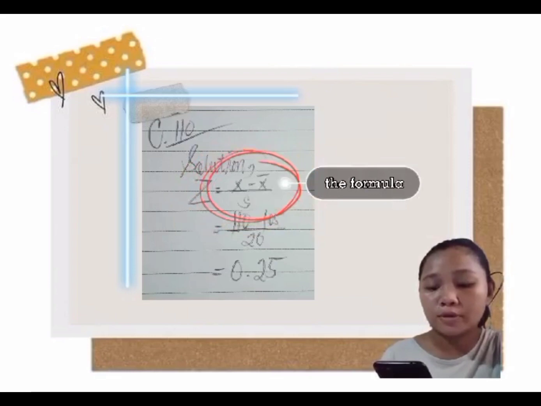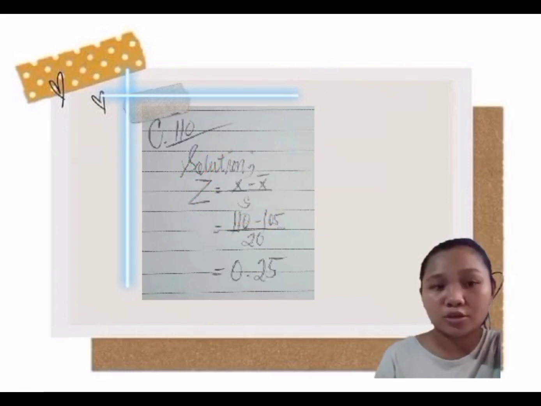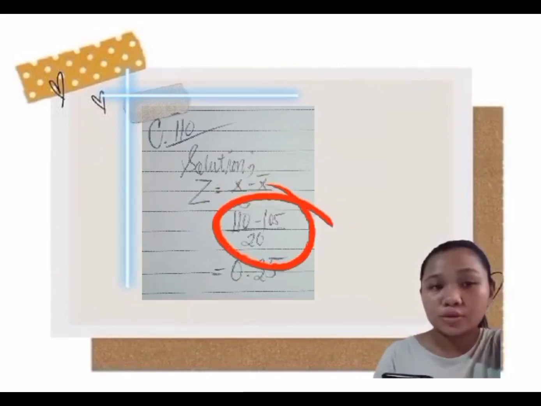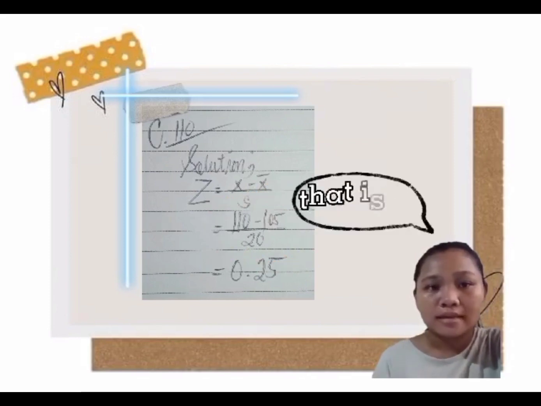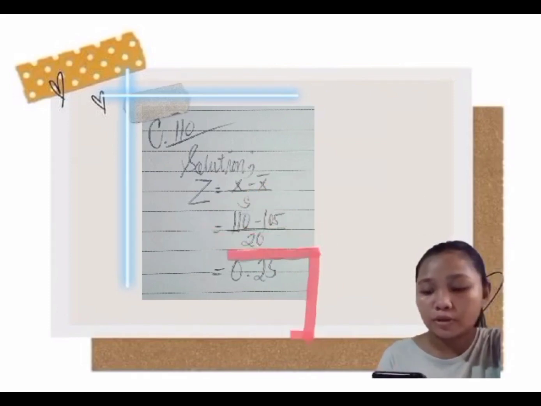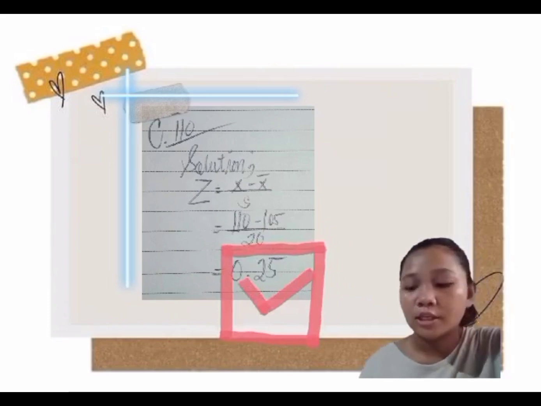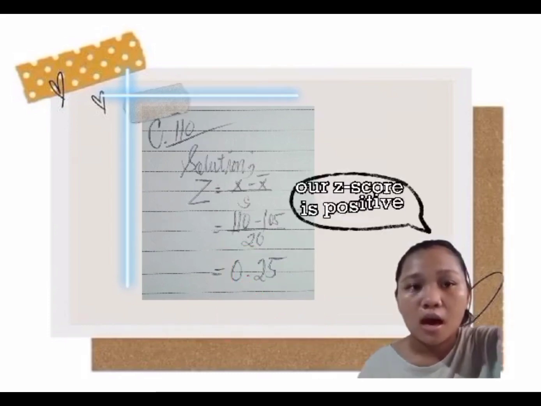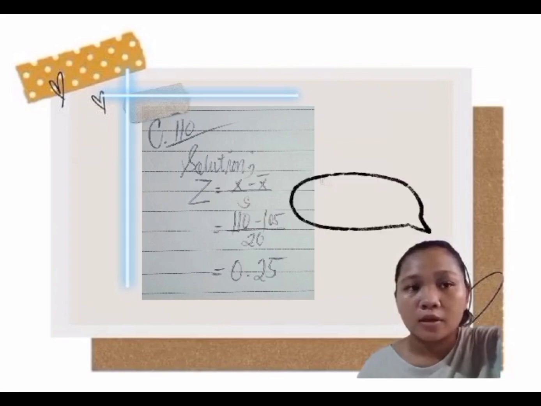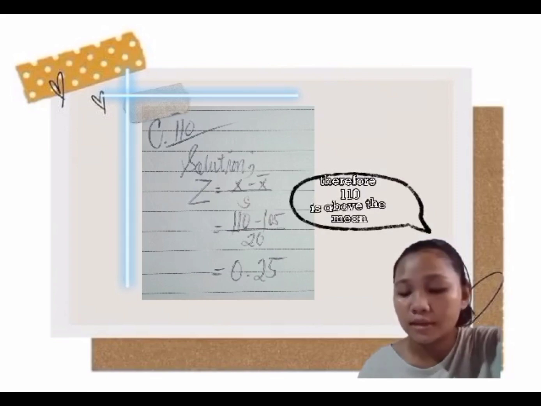Using the formula, we are going to substitute 110 minus 105 divided by 20. That is 0.25. 0.25 is a positive number, so our z-score is positive. Therefore, 110 is above the mean.